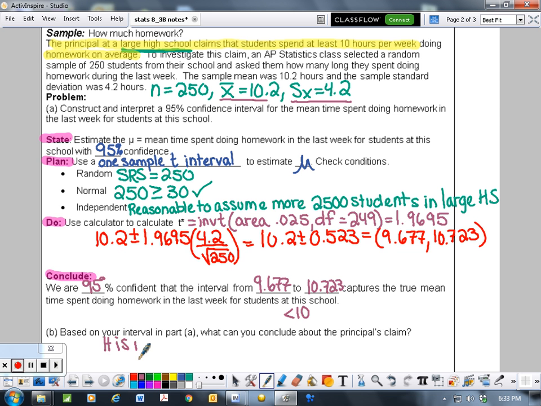So it is possible that students spend less than 10 hours a week on homework.